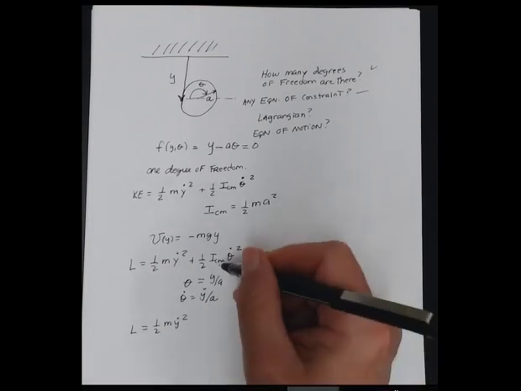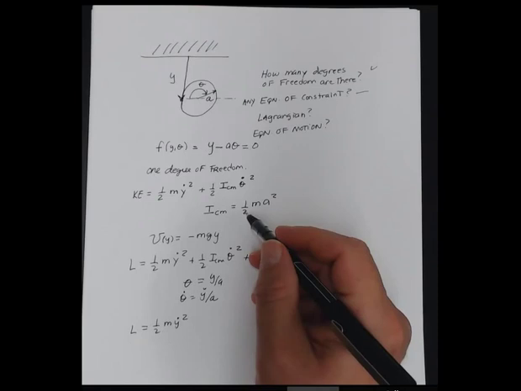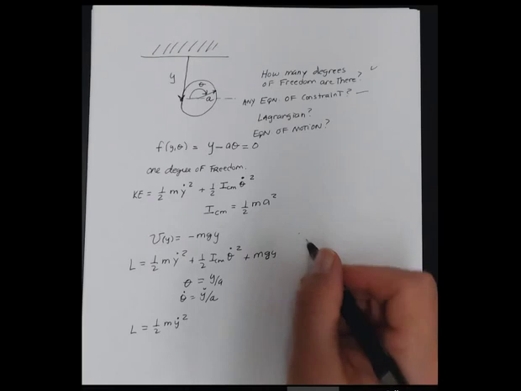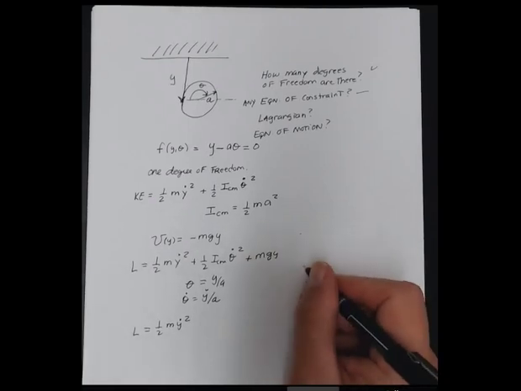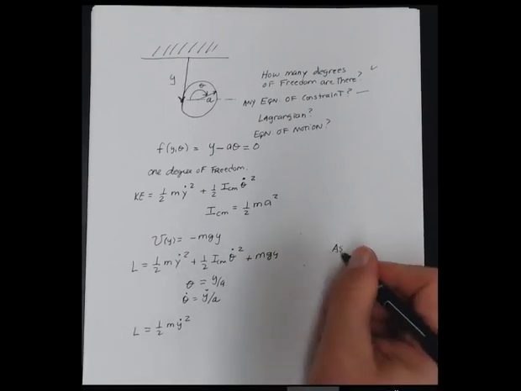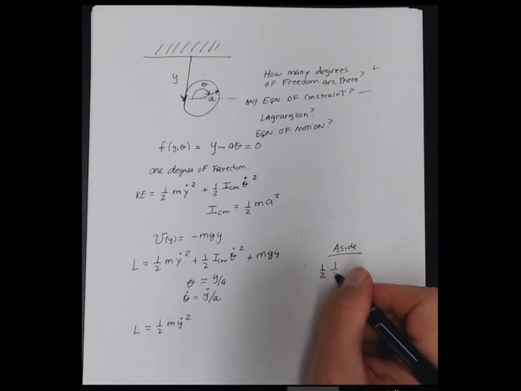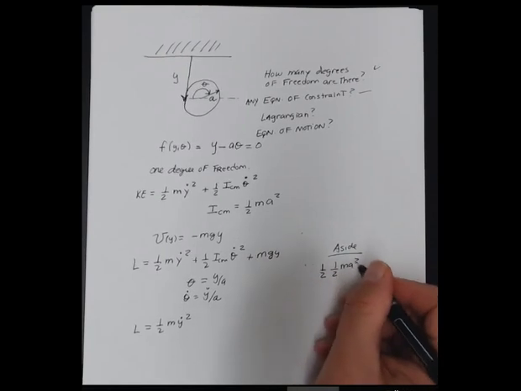And then 1/2, the I center of mass is 1/2 ma squared.